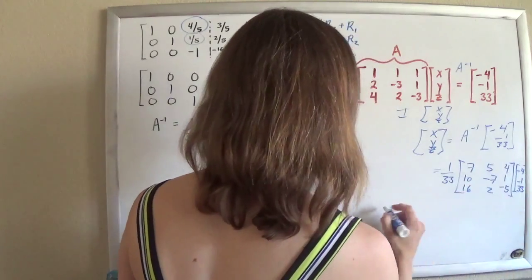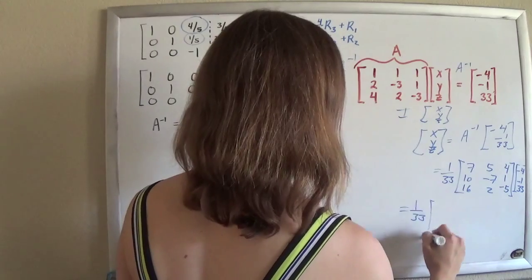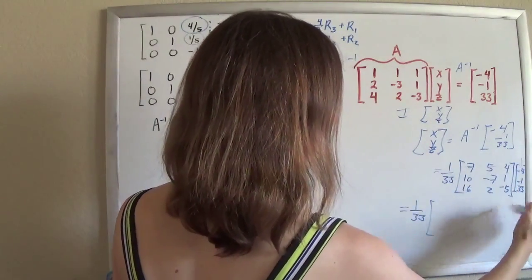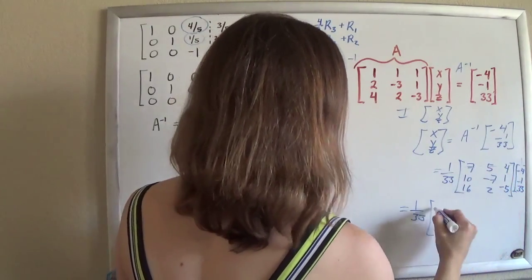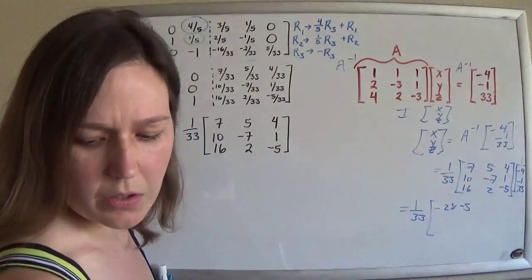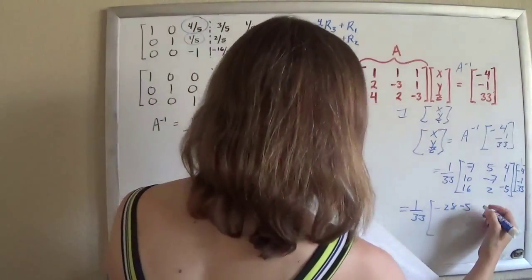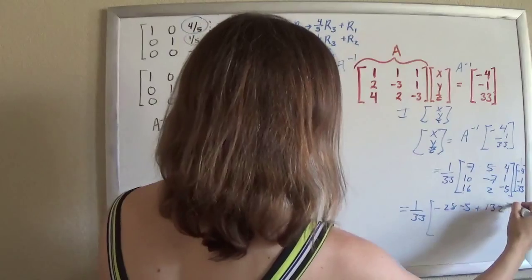All right, so that's going to give me 1 over 33 times, so I'm doing matrix multiplication, rows by columns, so negative 28 minus 5, and then 4 times 33 is 132, excuse me, so plus 132, and I'll add that later.